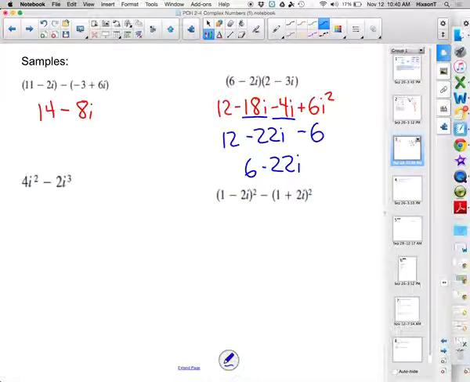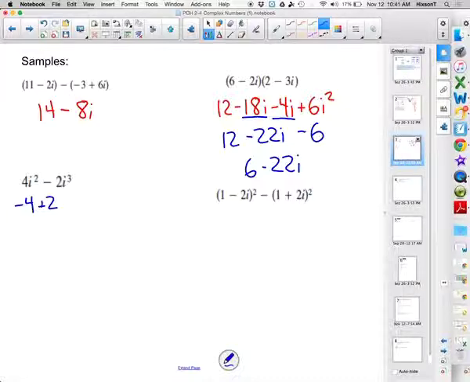When I go to simplify this, can I combine these? No. Could you put together an x squared and an x cubed? No. So can we subtract when there's an I squared and an I cubed? We can simplify it though. So this 4i squared would be negative 4, and then we'd have minus 2 times what's I cubed?